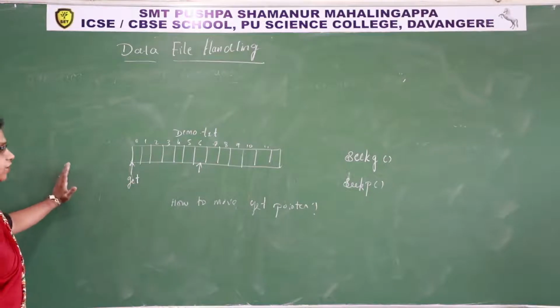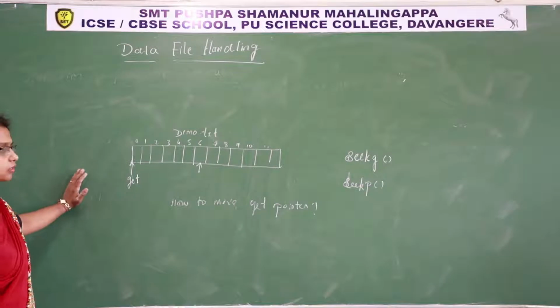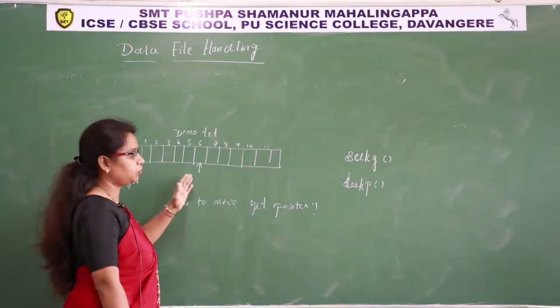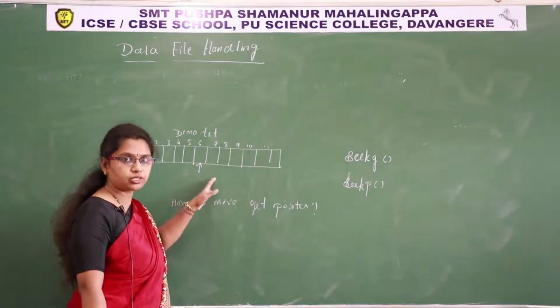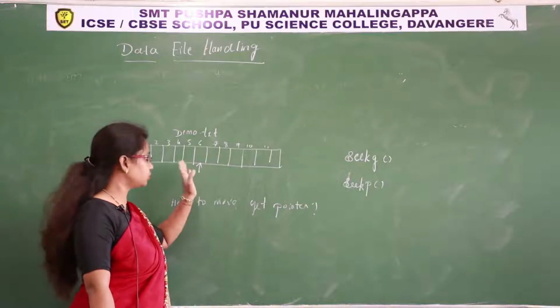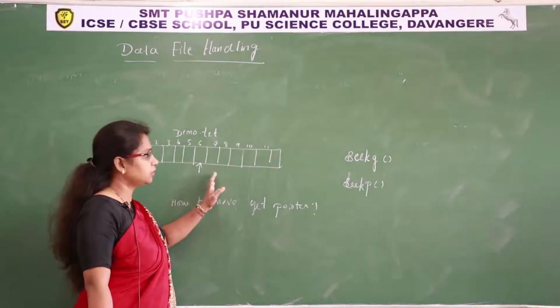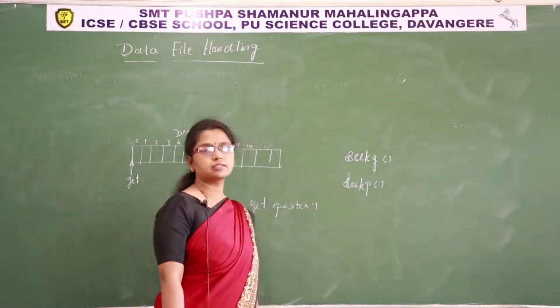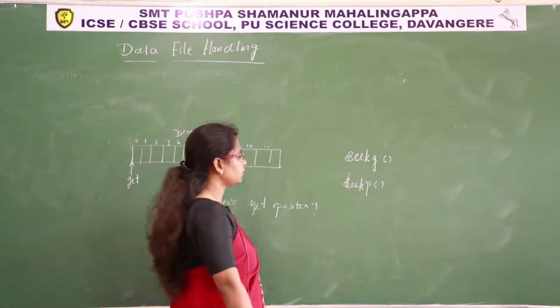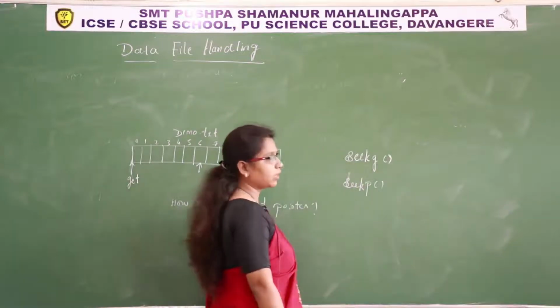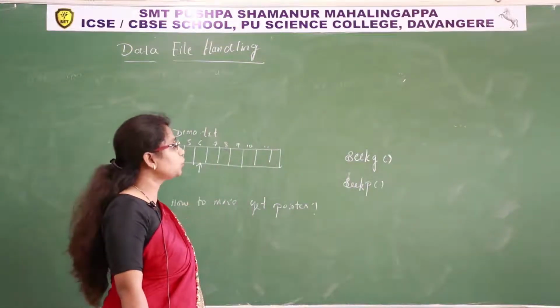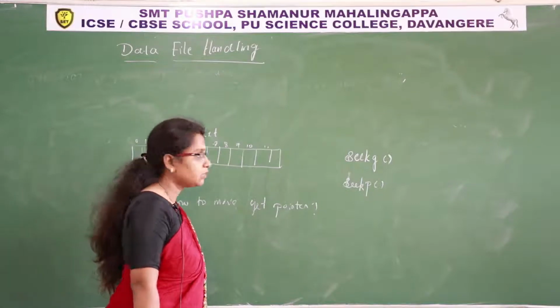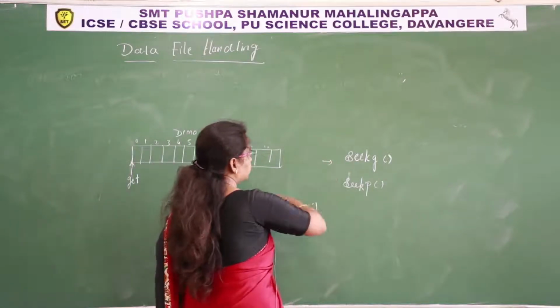To move the get pointer and put pointer to the required location where the user wants to move it, there are 2 functions, seekg and seekp. These 2 functions are required to move file pointers. Then how to use these functions in a program? What is the syntax of seekg?